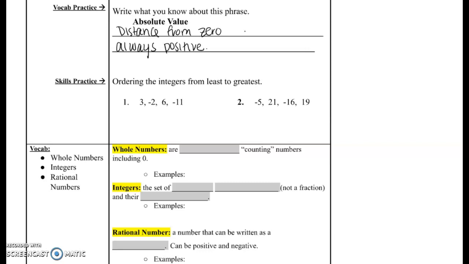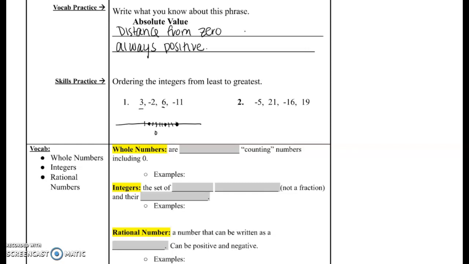So if we had a number line, and this is 0, we have 1, 2, 3, 4, 5, 6. So here's one of our numbers. And then 3 was our other positive number, so 1, 2, 3. And then we have negative 2, so 1, 2. And then we have negative 11.